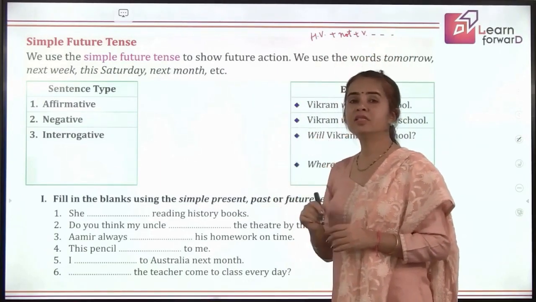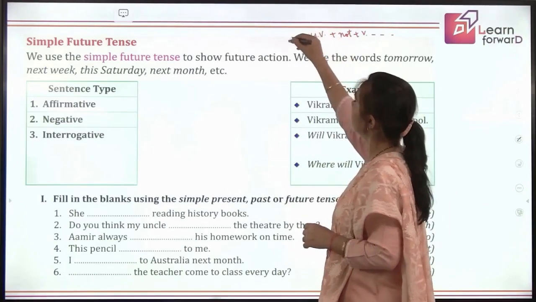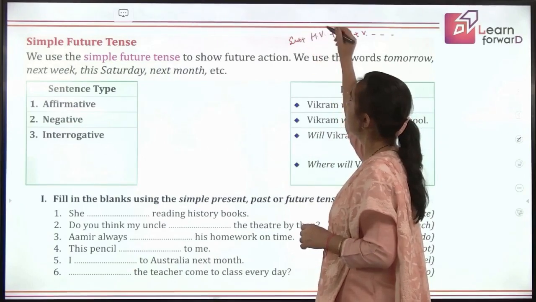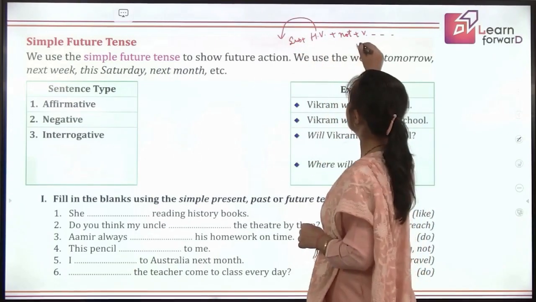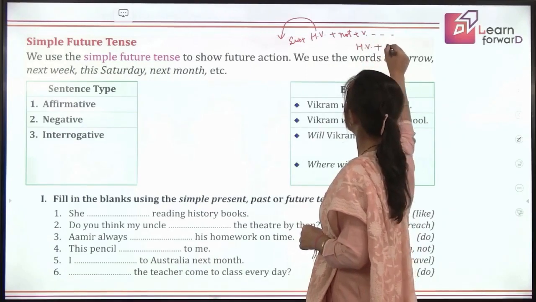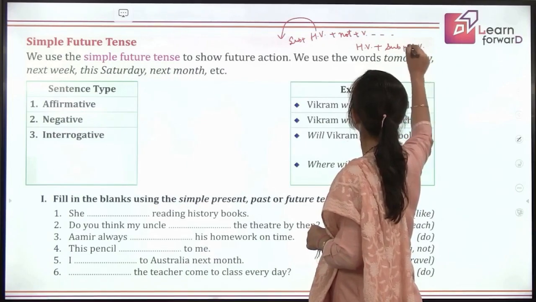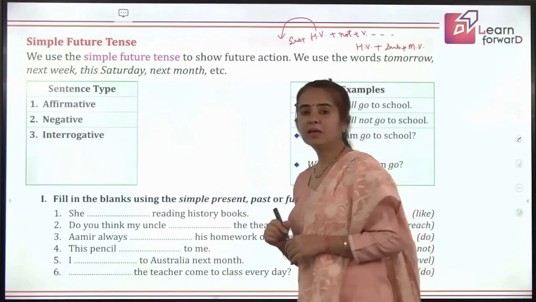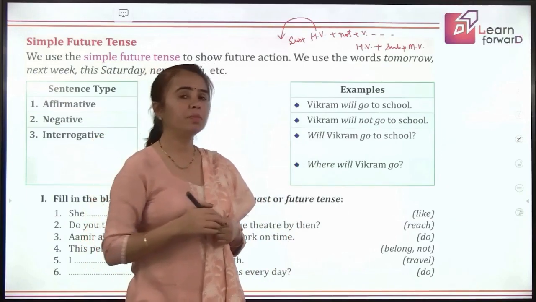And to make the sentences interrogative, what do you have to do? You just have to take the helping verb before the subject, and your formation becomes helping verb plus subject, then the main verb, right? Now here you have to remember, sometimes your interrogative sentences can be negative also.